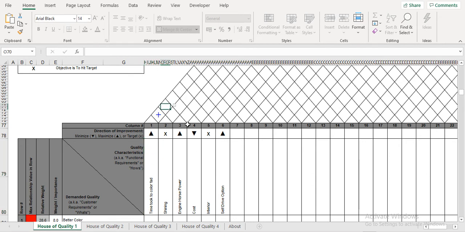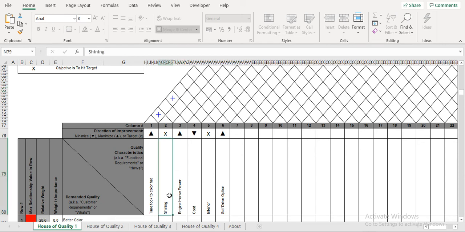Time took to fade and cost, maybe a little bit positive relationship, because cost increases when we use better colors, right? So maybe positive. Time took to color fade and interior, there is no relationship. Self drive option, there is no relationship.